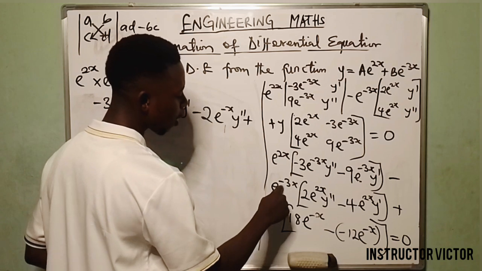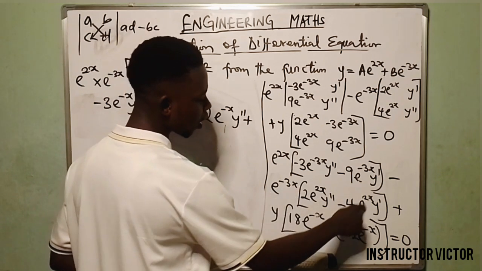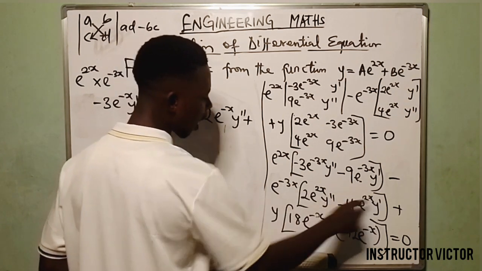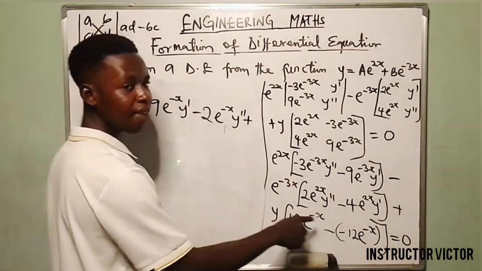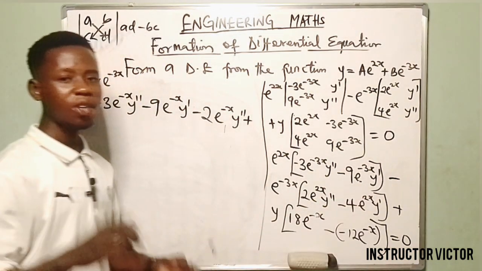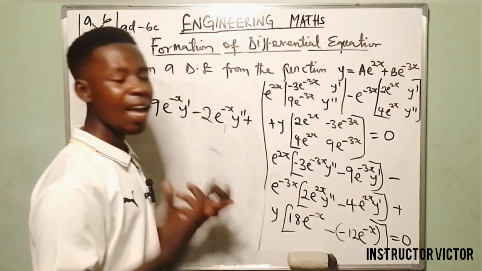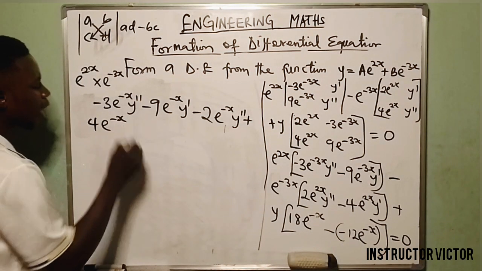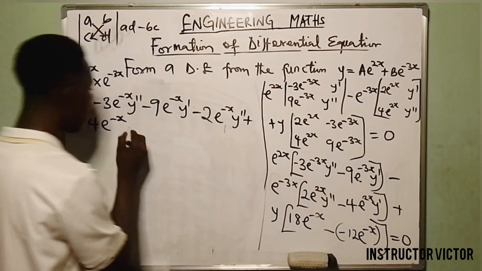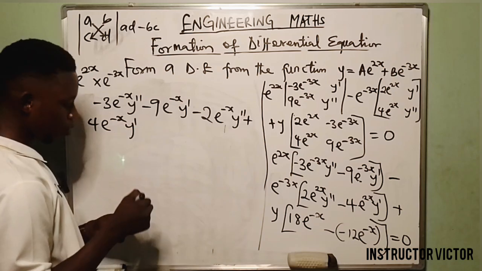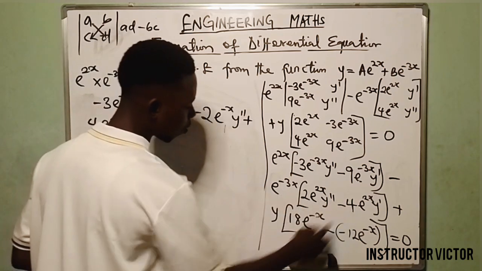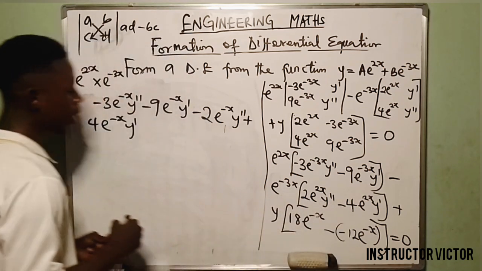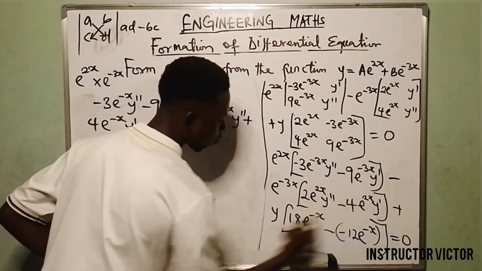So exponential minus 3x and exponential 2x, the powers will add each other. Minus 3x plus 2x is going to give us minus x. So we have here 4 exponential minus x y prime. So we are done with this part. Now we enter into this other part, which is plus y.